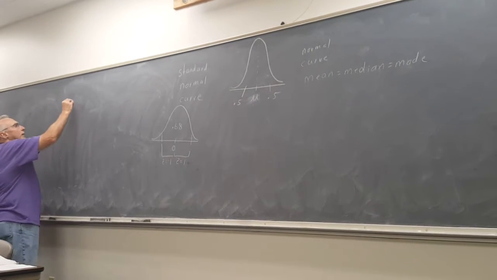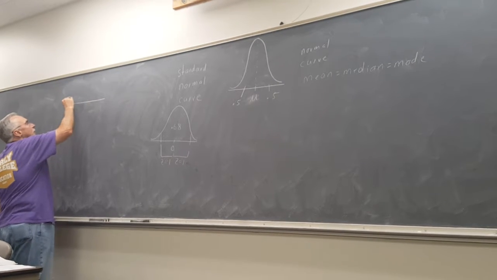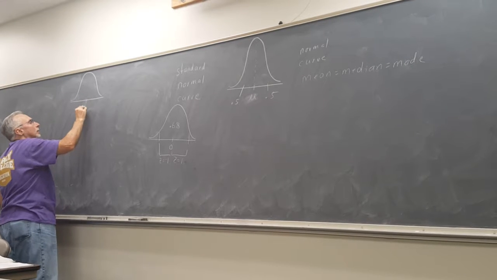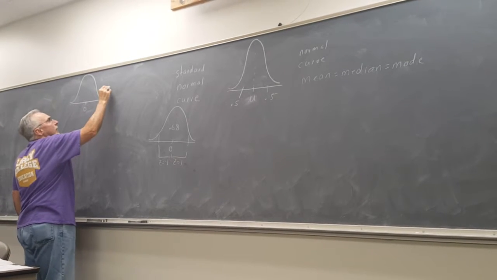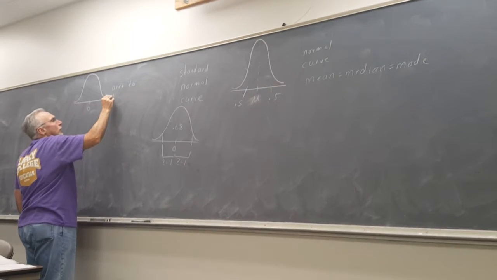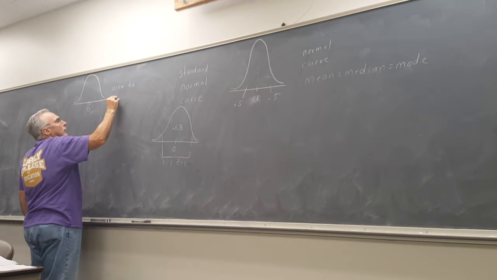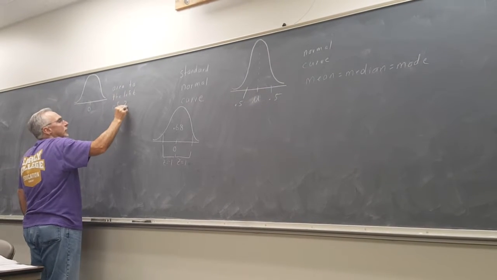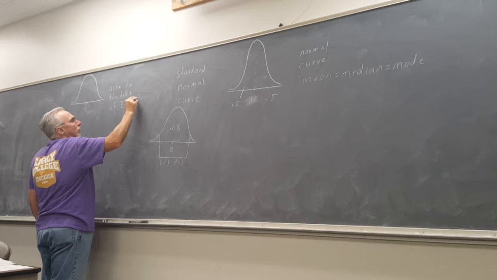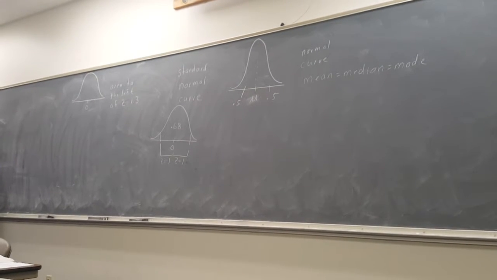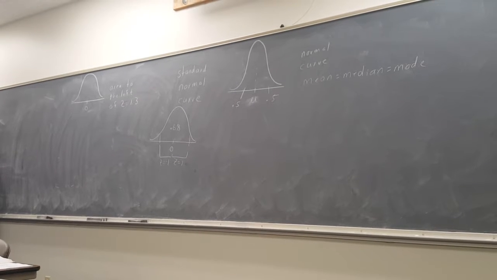So let's say I give you a standard normal curve, and I say I want to find the area to the left of z equals 1.3. So I want to find the area under the curve to the left of 1.3.